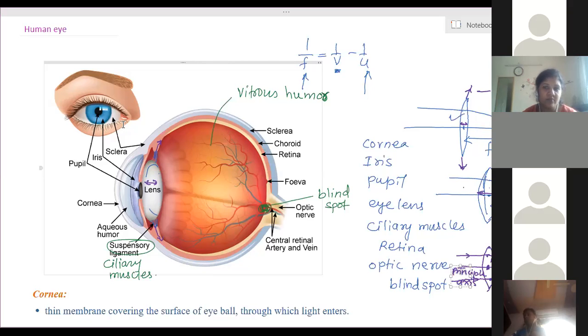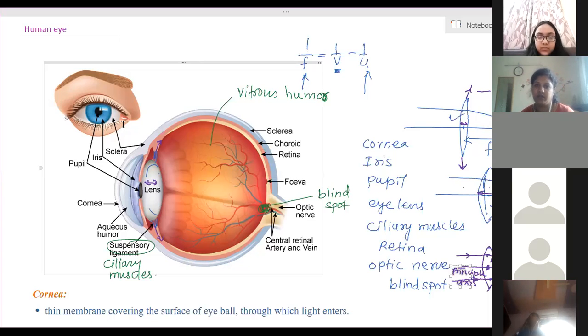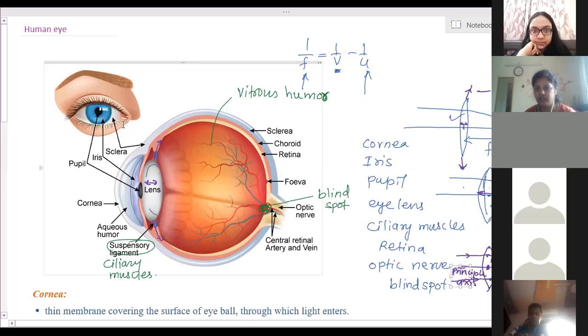Ma'am, it changes its direction. It bends. So a light ray bends while moving from one medium to another medium. So that bending of the light ray, when it travels from one transparent medium to another transparent medium, is called refraction. So the eye works on refraction. The image is formed due to refraction of light.